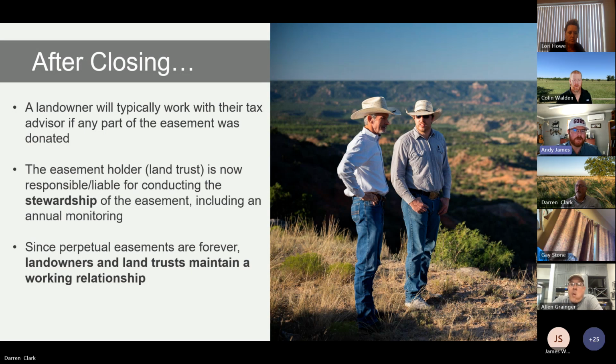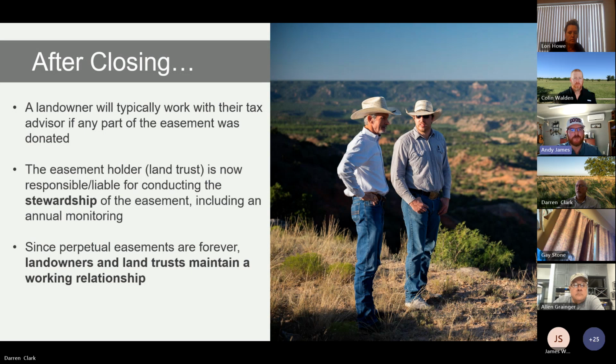The easement holder is now responsible for conducting what we call the stewardship of that easement. A major portion of that is the annual monitoring. In our easement, we basically require that the land trust has to go out to that property and physically see that property at least once a year. Occasionally it could be twice, but for the most part, it's a once a year deal.